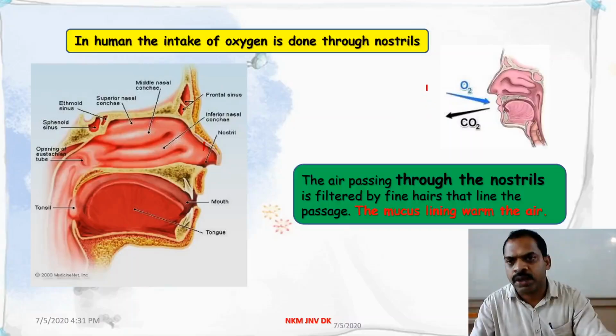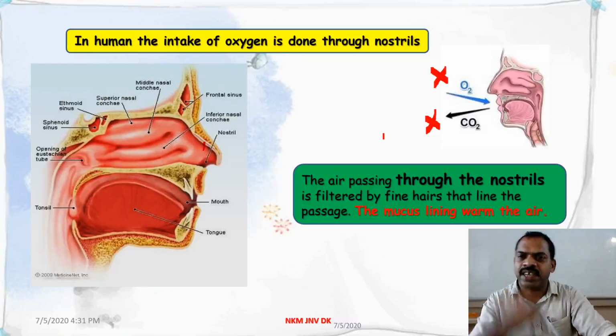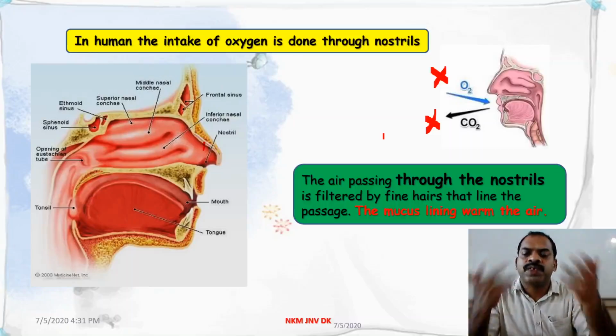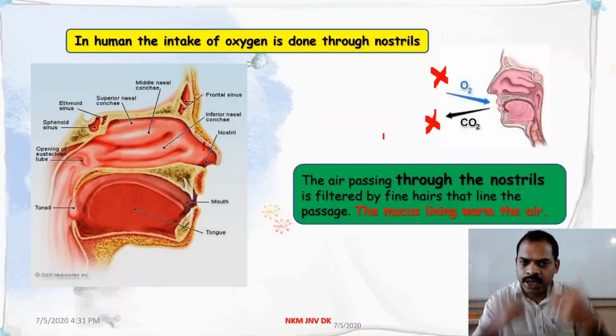But one thing I want to make clear to you. We are not intaking only oxygen and we are not delivering only carbon dioxide, as you may have learned. What we are intaking is atmospheric air, which contains nitrogen, oxygen, and dust particles.